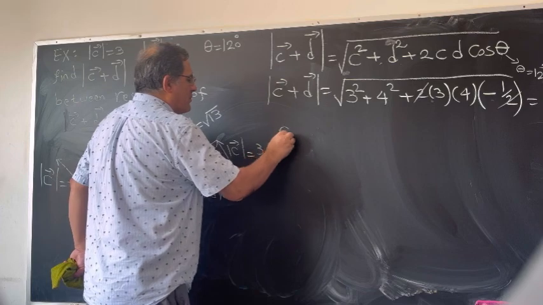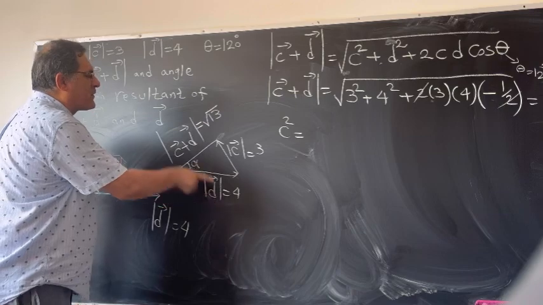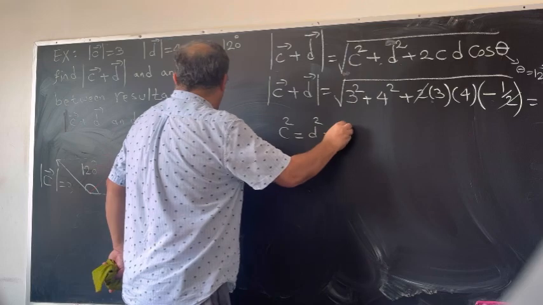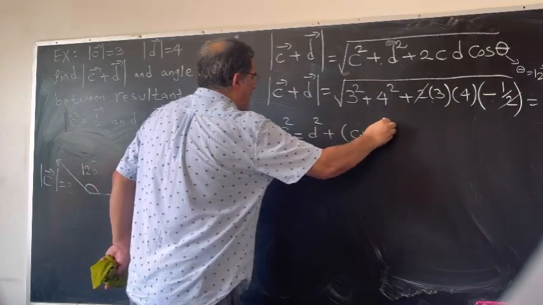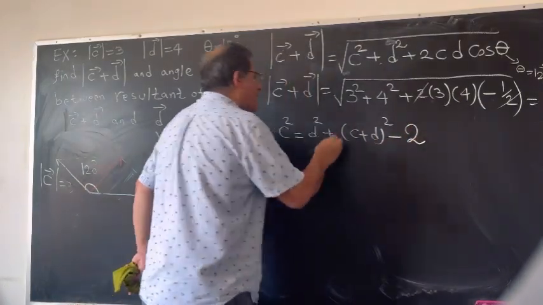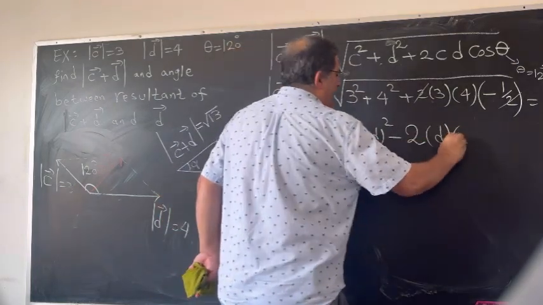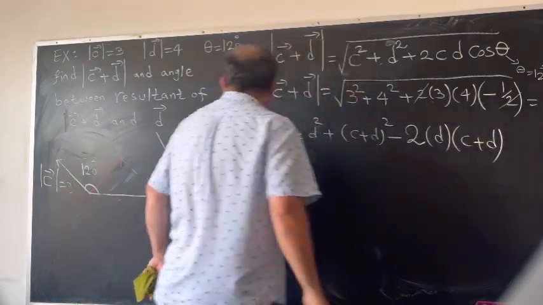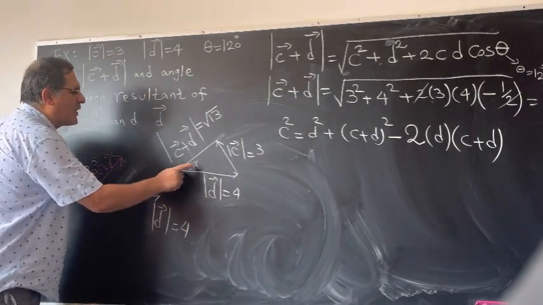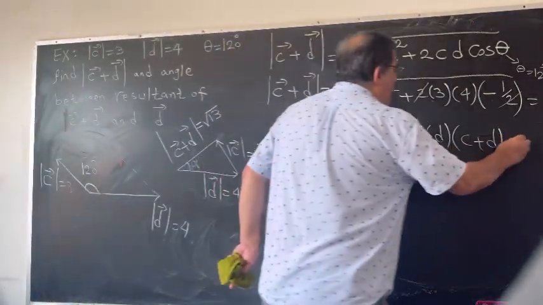Side C squared is the square of the two other sides, D squared plus (C plus D) squared, minus 2 times the first vector, D, times the second vector, C plus D, times cosine alpha, where alpha is the angle between the two vectors.